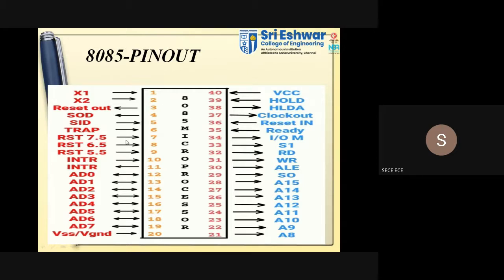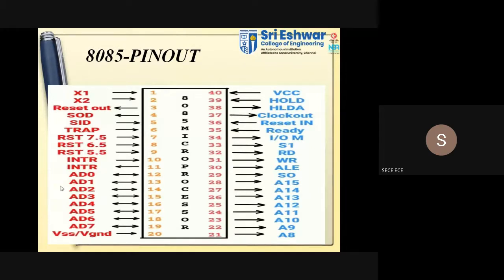A multiplexed pin means putting two functions on the same pin. Why are we going for multiplexed pins? Here we have individual functions. Why are we going for multiplexing over here? Because in order to reduce the number of pins in the IC, I'm going for multiplexing operation. If I go for individual operation, I would need 8 extra pins on top of 40, and it would become a 48 pin IC.